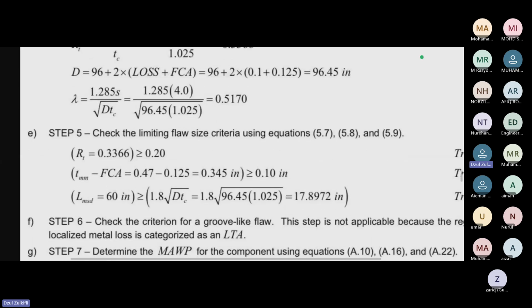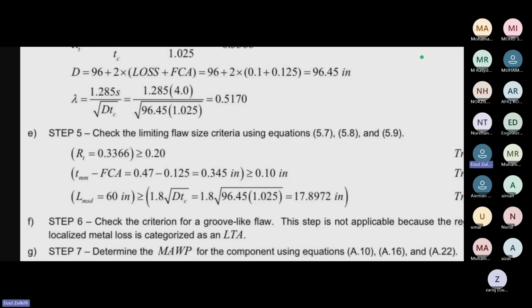And then LMSD. So LMSD is just, to put it very simply, tadi someone asked a question about stiffener ring kan. So when we have stiffener ring atau benda yang seangkatan dengannya that is pretty big and becomes basically a structure that is welded to the shell, kalau the damage area is too close to that thing and that thing is big enough, FFS diharamkan to be performed on that.